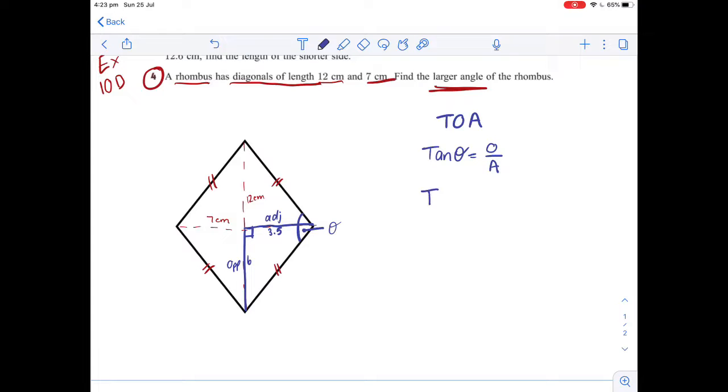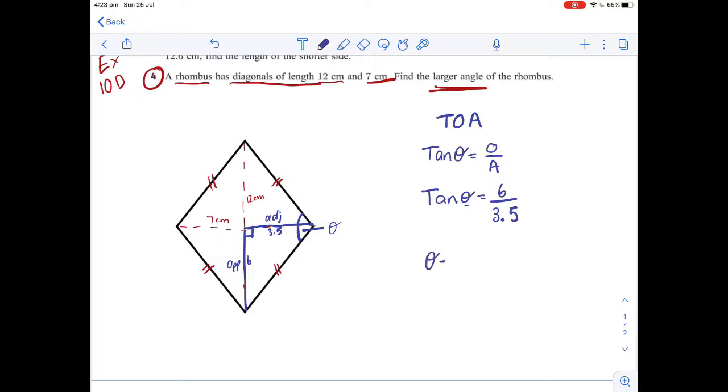So now if I put in my values, tan theta equals opposite, which is 6 over adjacent, which is 3.5. So my next step now is I want the angle theta by itself, so I need to move tan. So the way I move tan is I do the inverse.